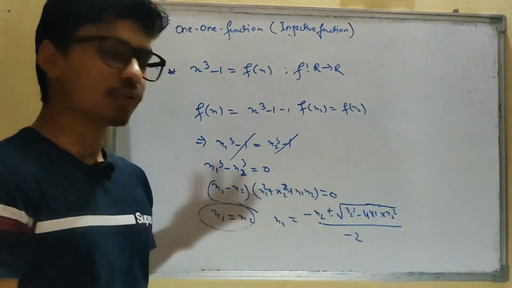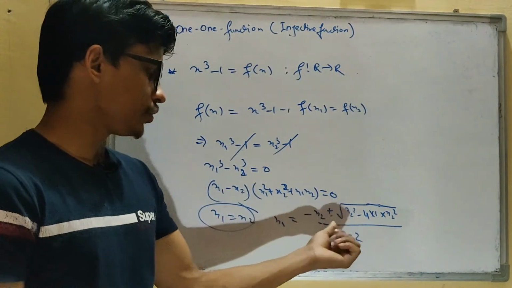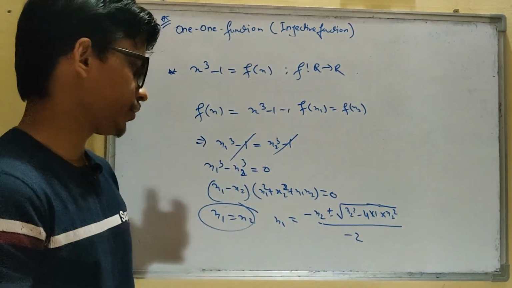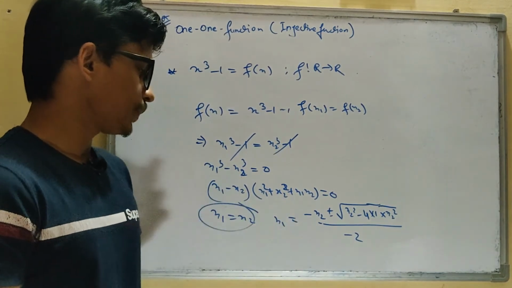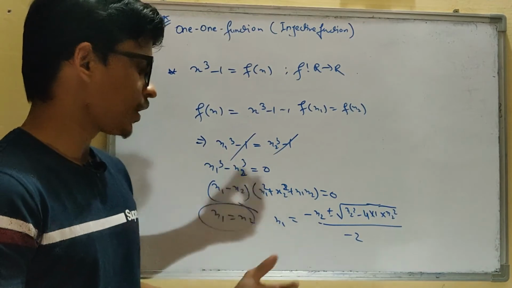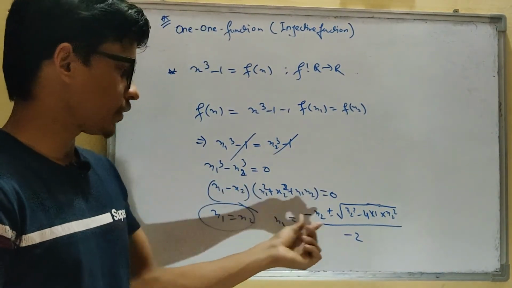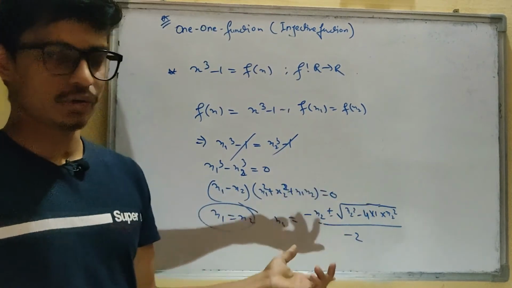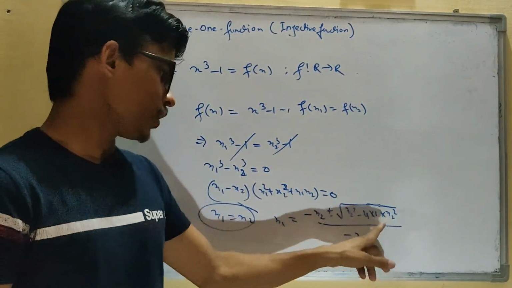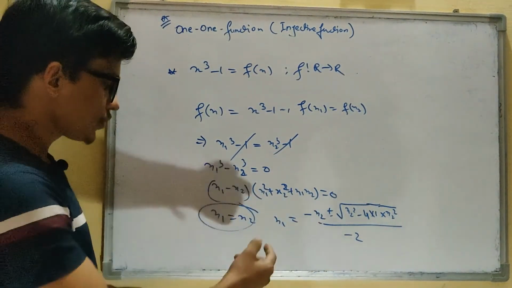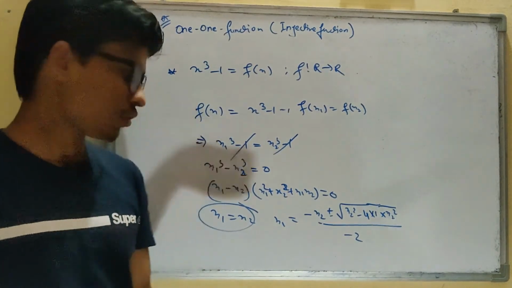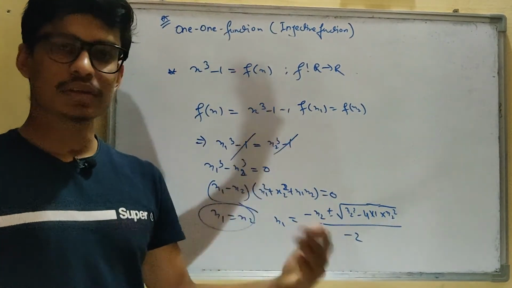So at one point it is happening: x2 is 0 and x1 is also 0. There is no difference actually, right? If you put x2 equals 0, both are going to give you the same values.